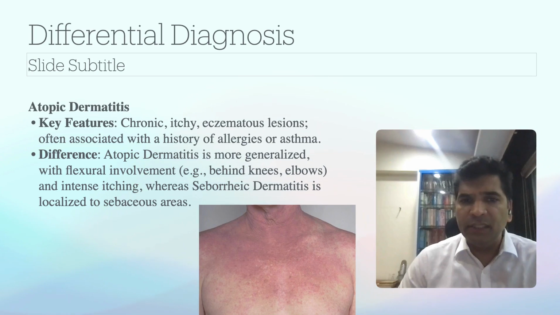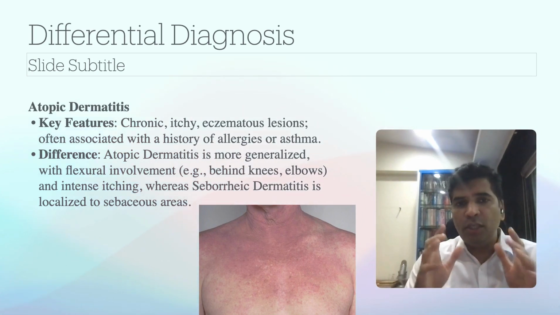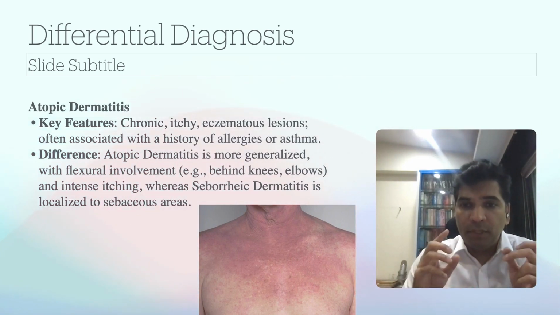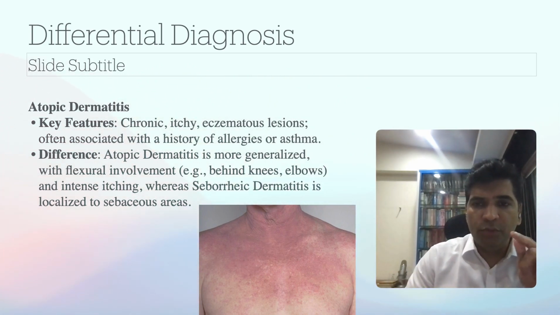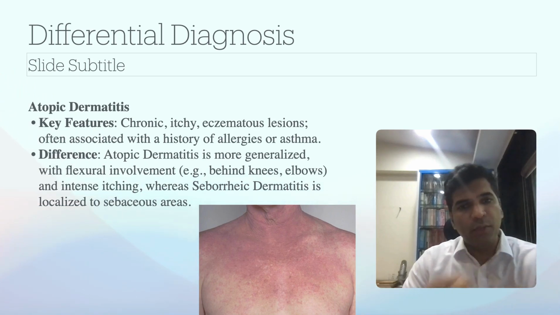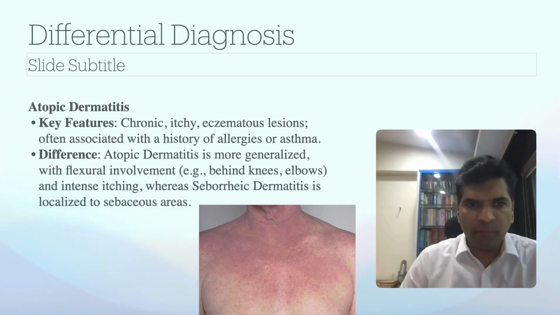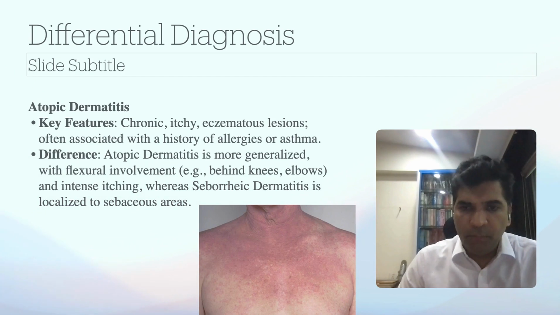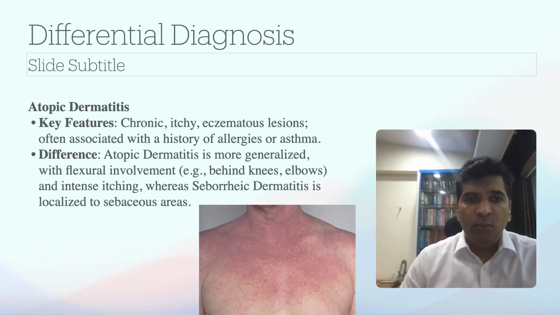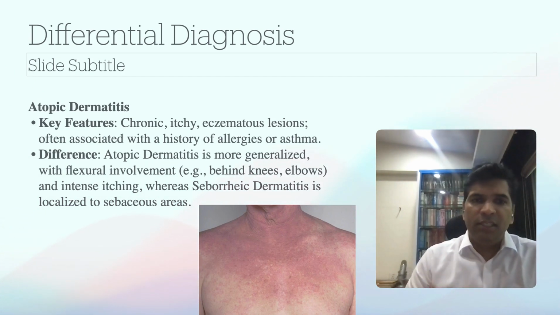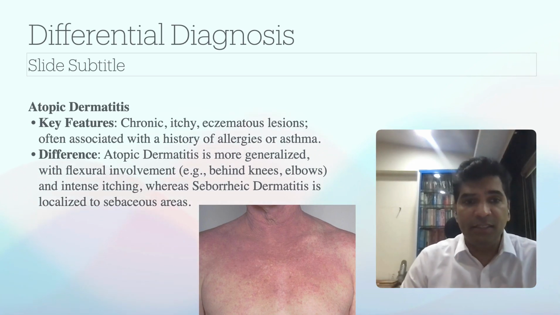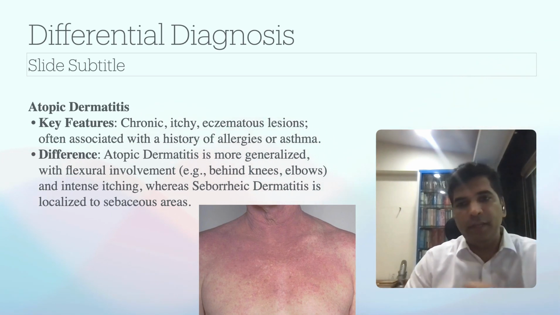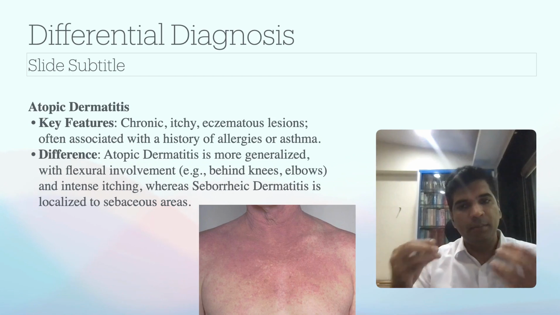Again, the atopic dermatitis, though it is not clearly mentioned in textbooks, a lot of homeopathic doctors give the main cause as overuse of vaccines. It is an autoimmune, immune condition. It's more generalized, covers knees, elbows, wherever sebaceous glands may not be found, and you get intense itching, while seborrheic dermatitis is localized to sebaceous areas.